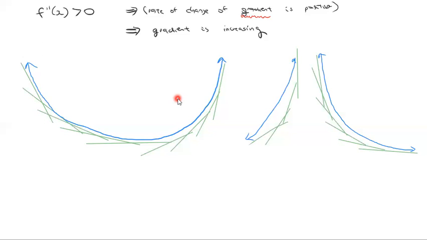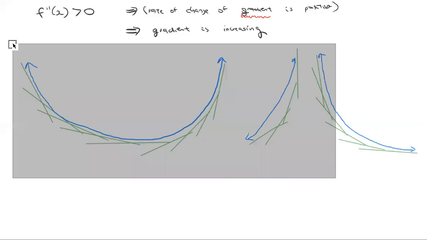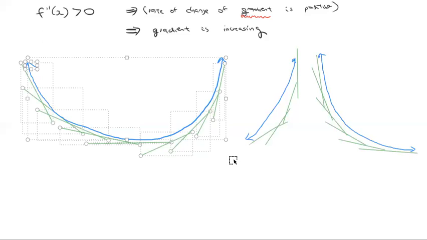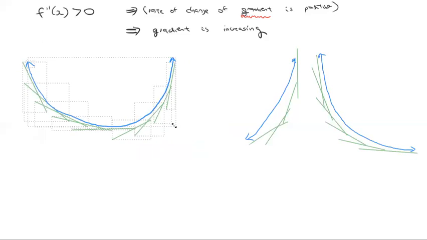And if I'm giving you examples of these sorts of curves, then a curve like the one on the left here might be something like y equals x squared. Something like the one in the middle might be y equals an exponential function.